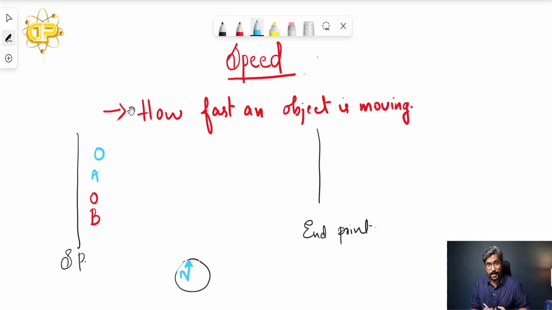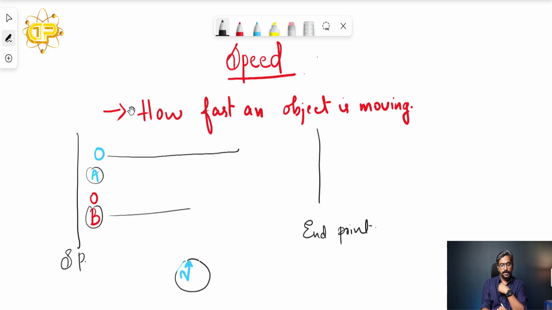You have a clock in your hand and see what happens there. Both the objects, say object A and object B, are starting from the same point. Now, I have just started the stop clock. So they started running, and you can see object A is moving and object B is also moving.